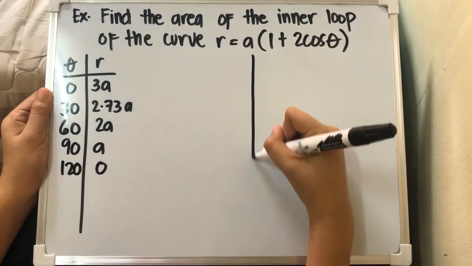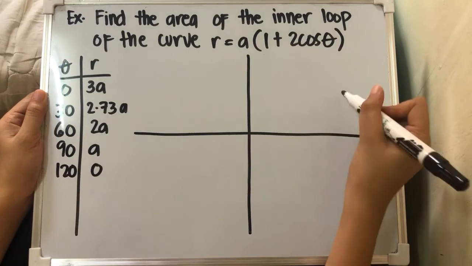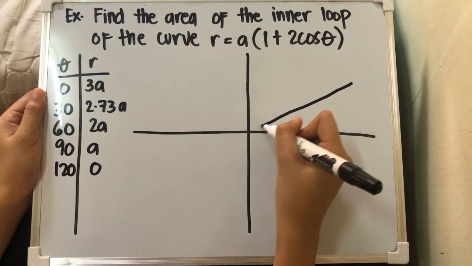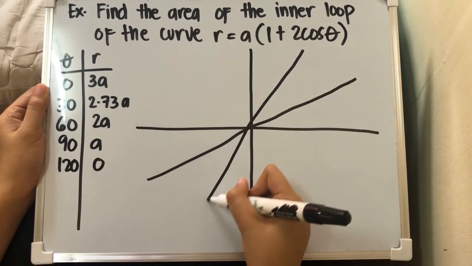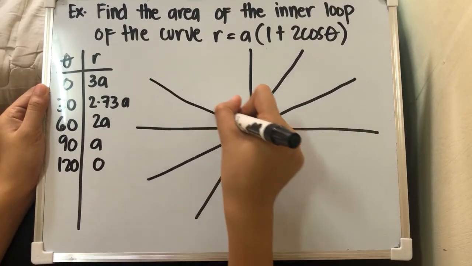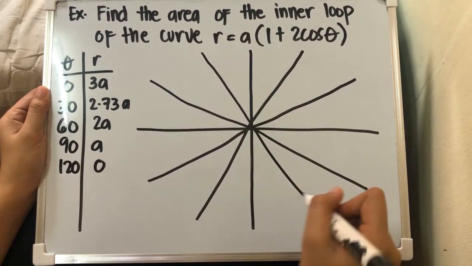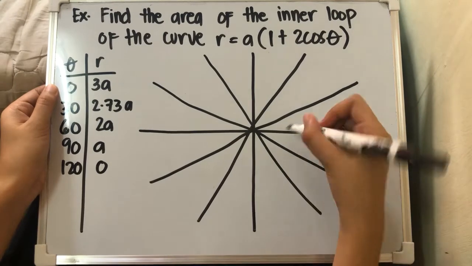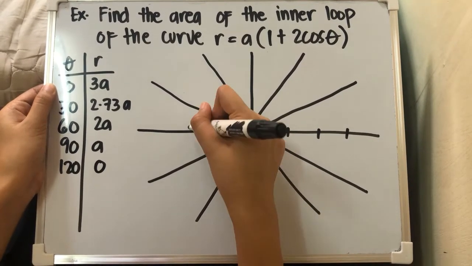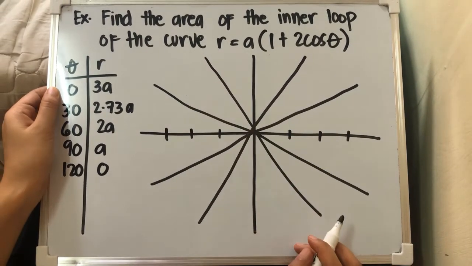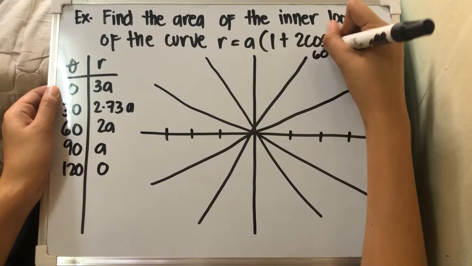So let's have 0 and this is A, 2A, this is 3A, A, 2A, and 3A. This is our 0, 30, 60, and so on.